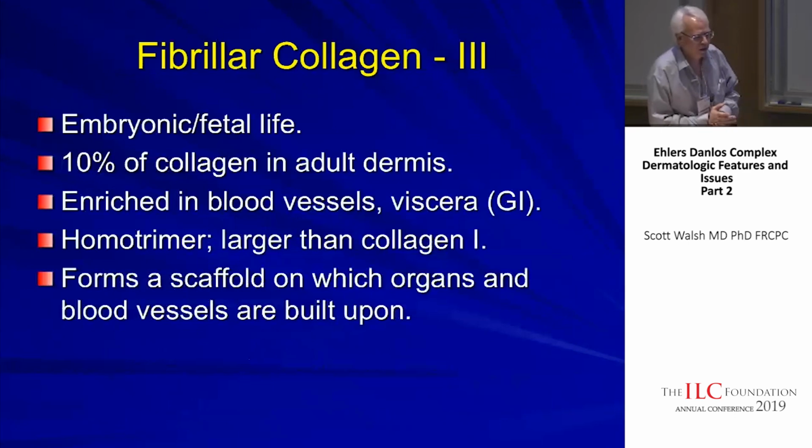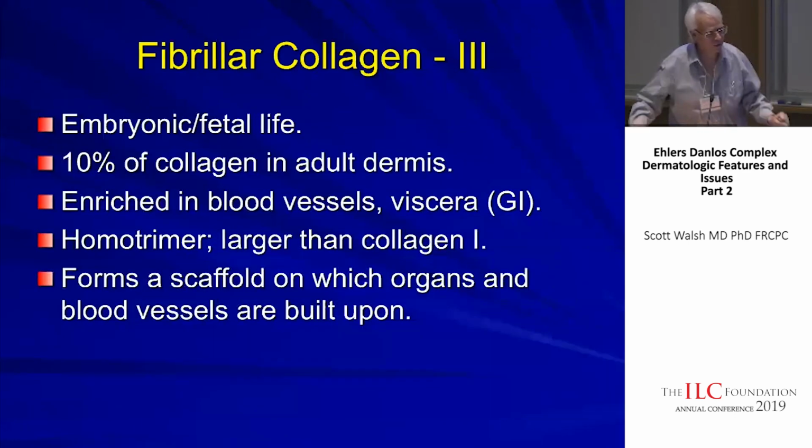Collagen 3 is the fibrillar collagen that sits with collagen 5, and it's about 1/10 of the skin. And this is the one that's the fetal collagen that we started our life with. And so it's enriched, it holds the blood vessels together, it holds the viscera, and it forms a scaffold on which all of the organs and blood vessels are built.